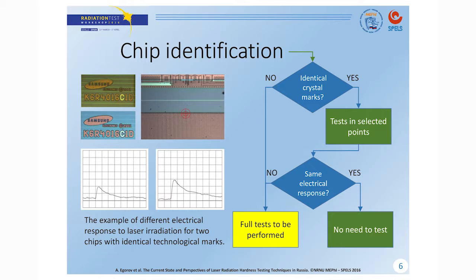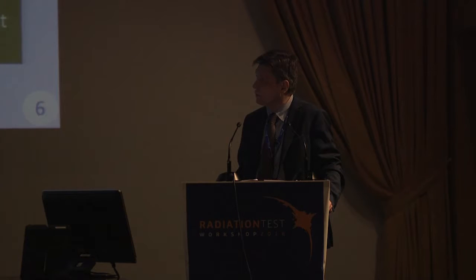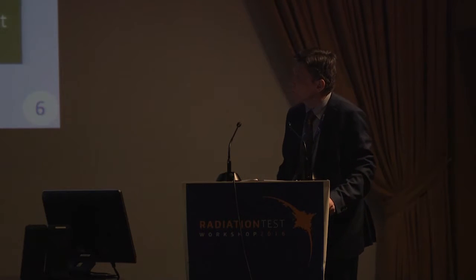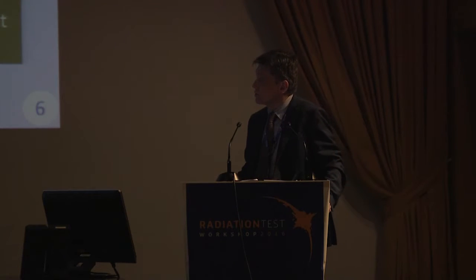And we check the response to the laser radiation. And if the response is equal or similar, we can consider that the device's sensitivity to radiation by ions probably will be the same.